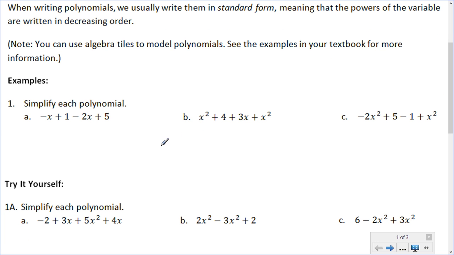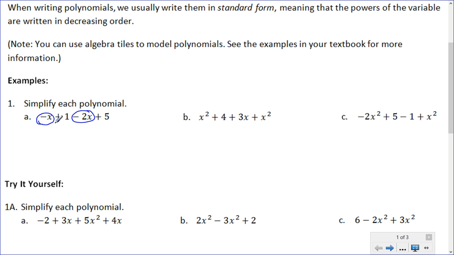Okay, so if I want to simplify a polynomial, like in example 1, really all we're doing is combining like terms right now. So I look at this polynomial and, remember, we want everything in decreasing powers of the variable. I see that the highest power on x is just a power of 1. So I have a negative x here and a negative 2x there.